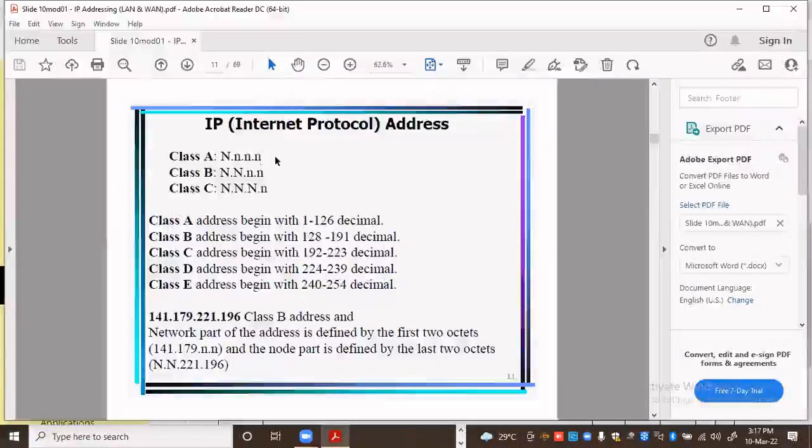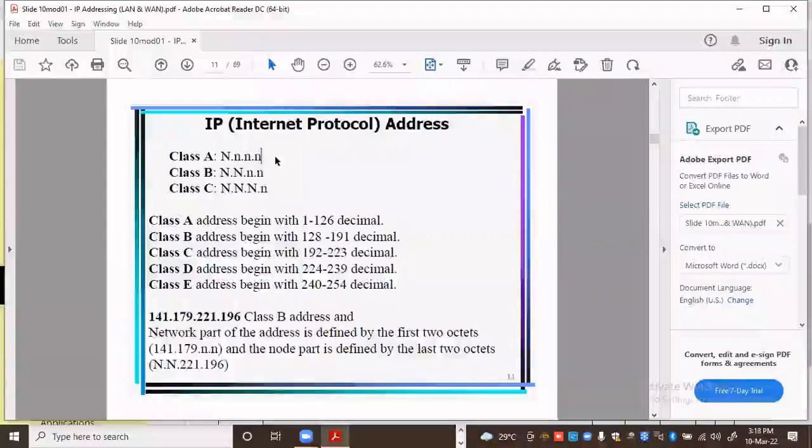So let me take the calculation. Where's my calculator? A fancy calculator that can give me the total number of IP addresses within a class A. So 2 raised to the power 24 gives you 16 million.